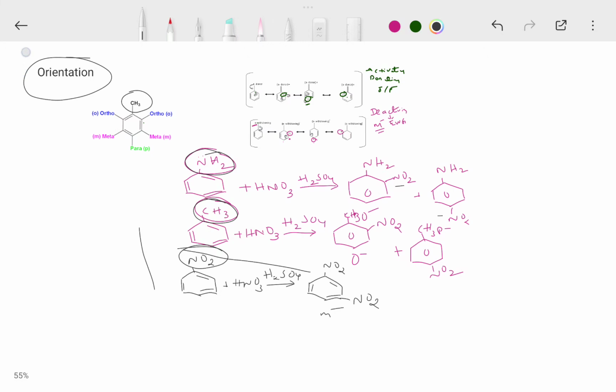Electron donating groups activate the benzene ring, that means activating groups, which are ortho para directing groups. Electron withdrawing groups deactivate the benzene ring. These are meta directing groups. Thank you.